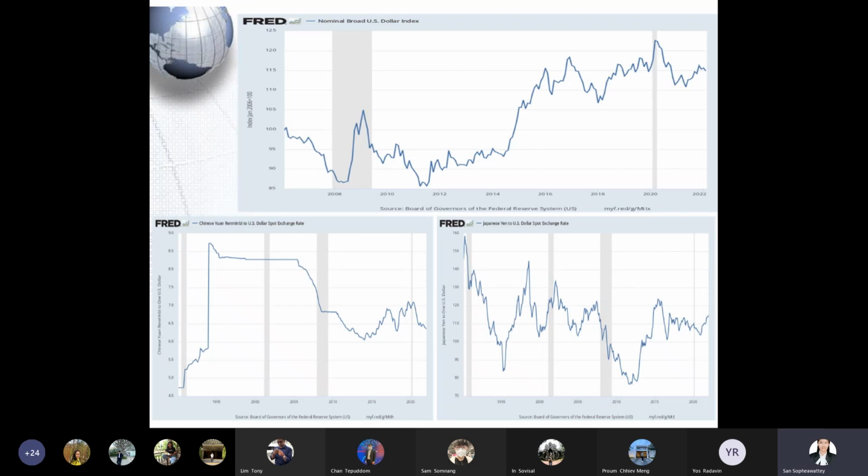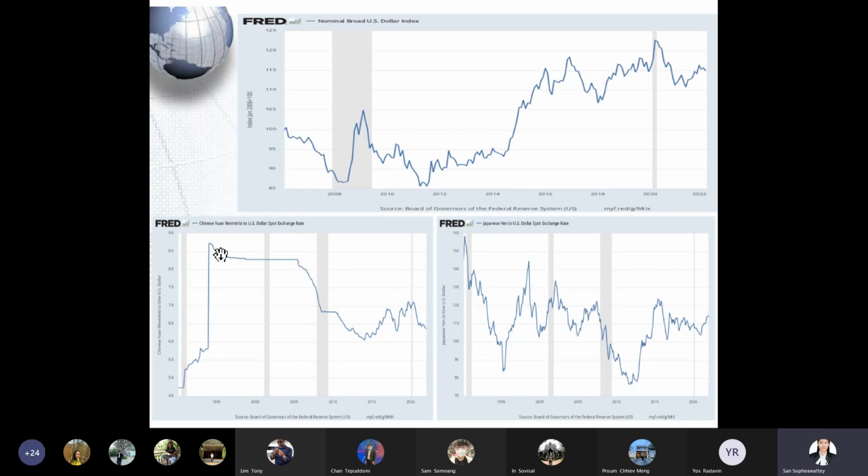The US imports a lot because imports are cheaper for the US consumers. That's how we link the conditions in the countries. Then the lower left graph is the Chinese renminbi to US dollar spot exchange rate, meaning renminbi per US dollar.